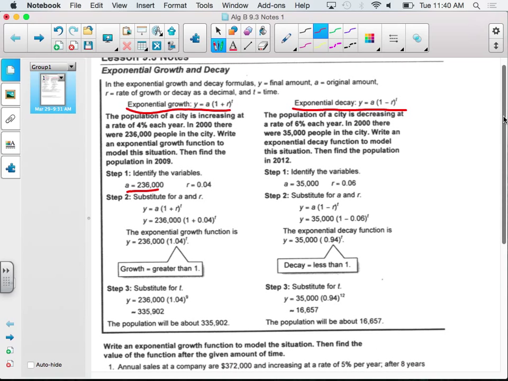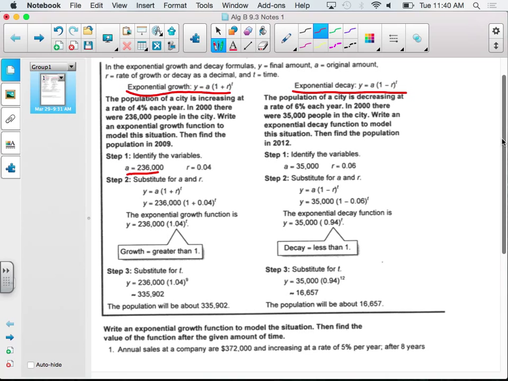So we have our growth formula written out right there. Substitute for A and R because those were our two variables that we found. So y equals, A becomes 236,000 times 1 plus 0.04, and that's taken to the t power.